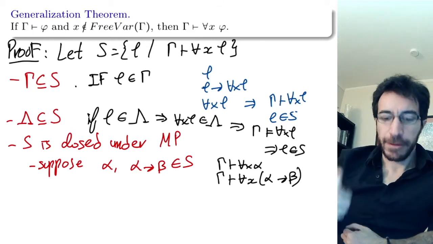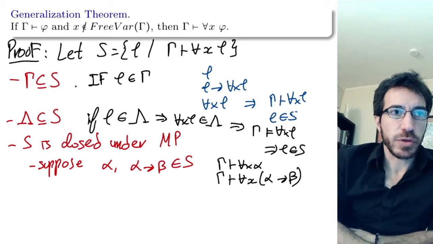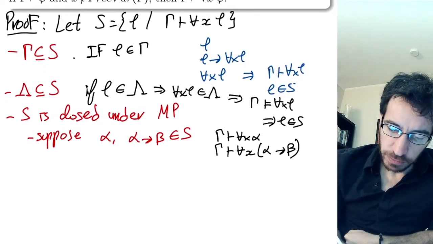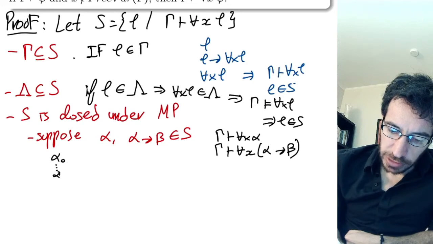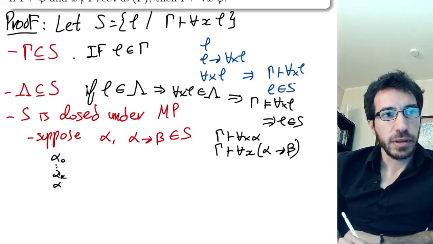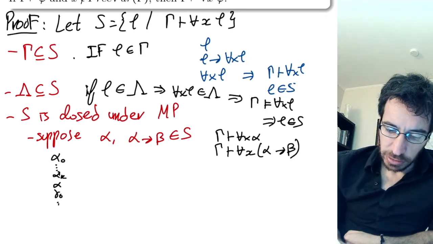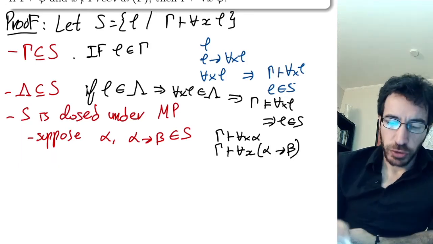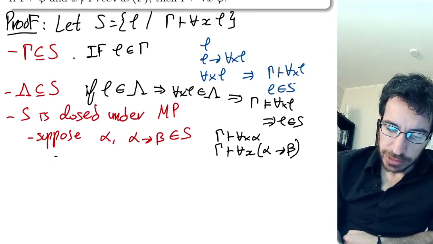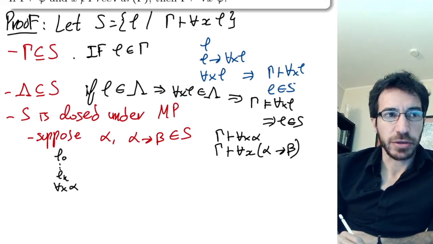Okay, so essentially what we have so far is a deduction, alpha 0 to alpha k, that ends in alpha. This is a deduction. And then we have another deduction, gamma 0 to gamma L, that ends in for every x alpha. So far what we have is a deduction, let's call it phi 0 to phi k, that ends in for every x alpha, because we have a deduction of this.